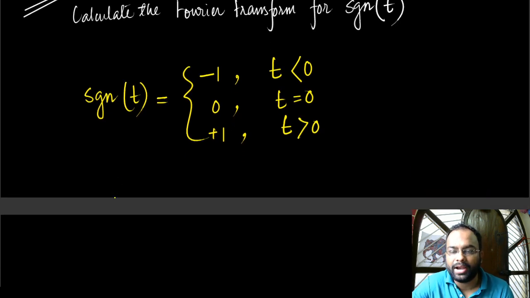So I'm asking you to find out the Fourier transform for that, which you should be able to do using whatever we have studied today. You should not need anything beyond that.